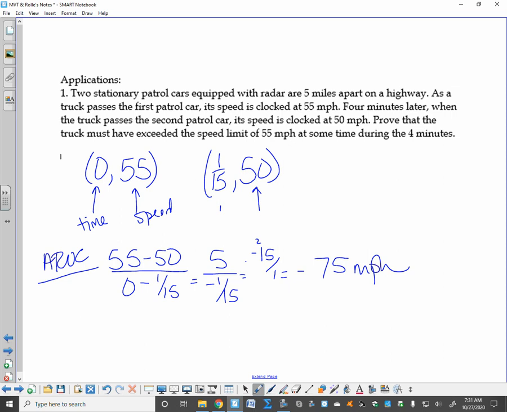Once on the way up to 75 miles an hour and once on the way back down. If I started at 55 and I ended at 50, and at some point I hit 75, I had to hit 70 twice. I had to hit 60 twice. I had to hit 56 twice. So those are the kinds of application questions that I can ask you. And we'll practice more of those.